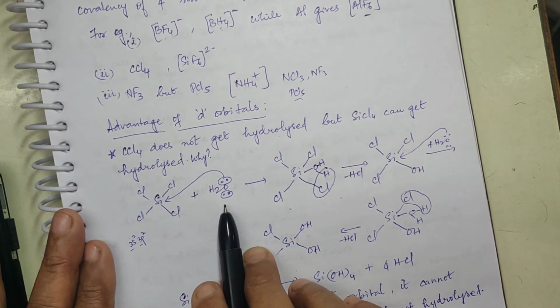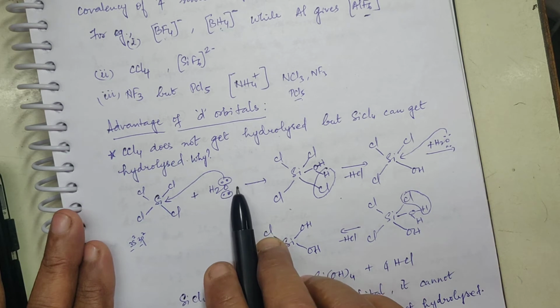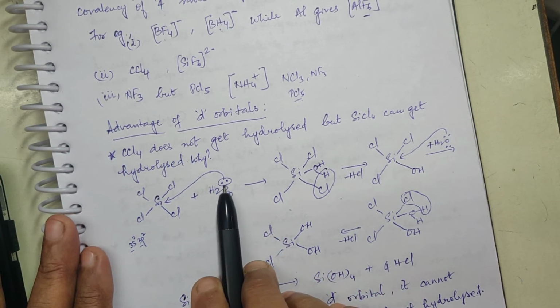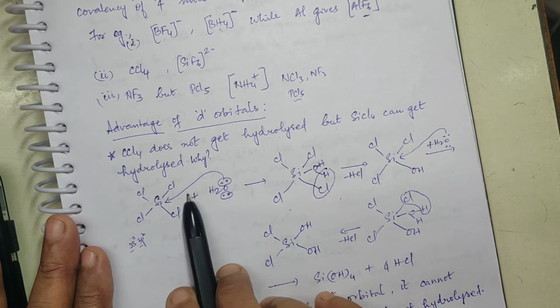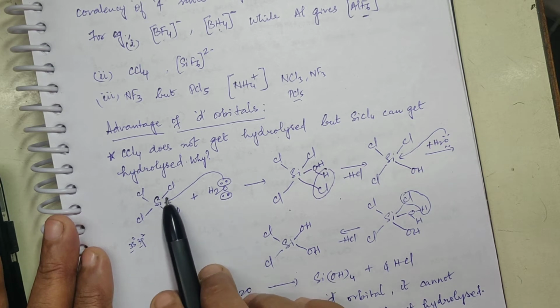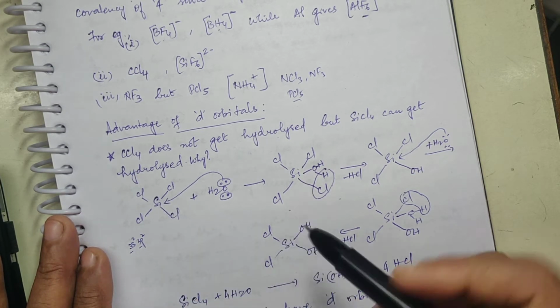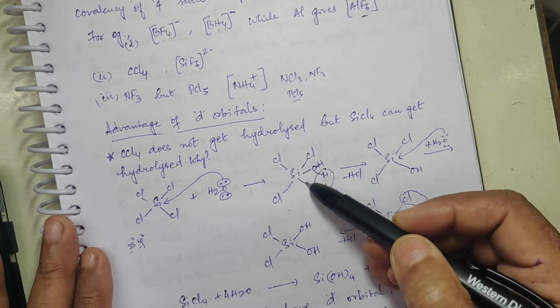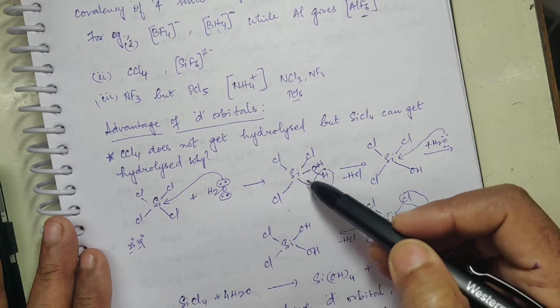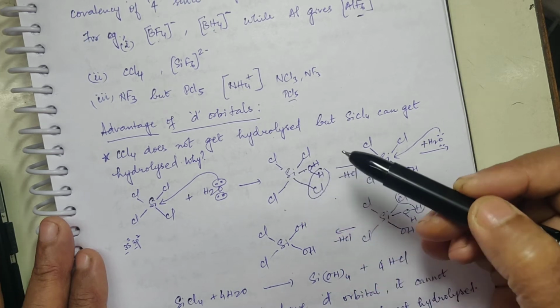Now when water is added, the lone pair of electron on oxygen of water may get into the empty d orbital of silicon and expand its covalency from 4 to 5. Look here, 1, 2, 3, 4, 5. Now it is showing pentavalency. Its coordination number is 5.